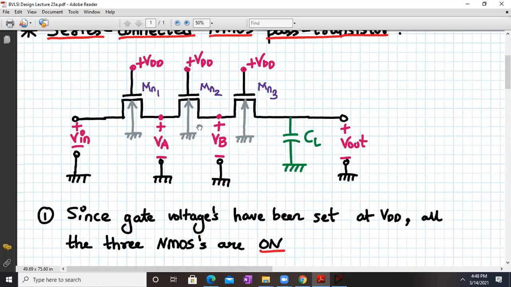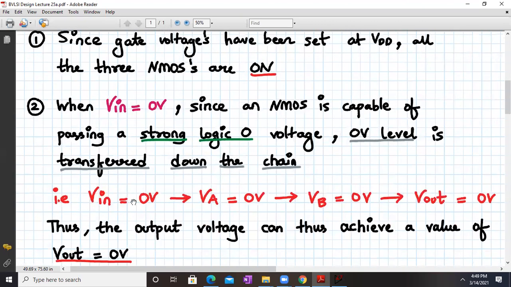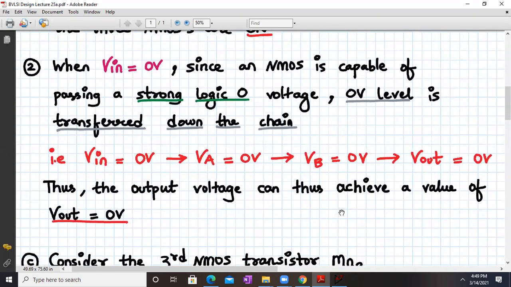That's why when we simulated it, when V in was 0, VA, VB, and V out were also 0. So that's what is written over here. When V in is 0, since NMOS is capable of passing a strong 0, a 0 volt level is transferred down the chain. So from V in equal to 0, it passes to VA, VB, and V out is 0. So that is why your output voltage can also achieve a value of V out equal to 0 volt.